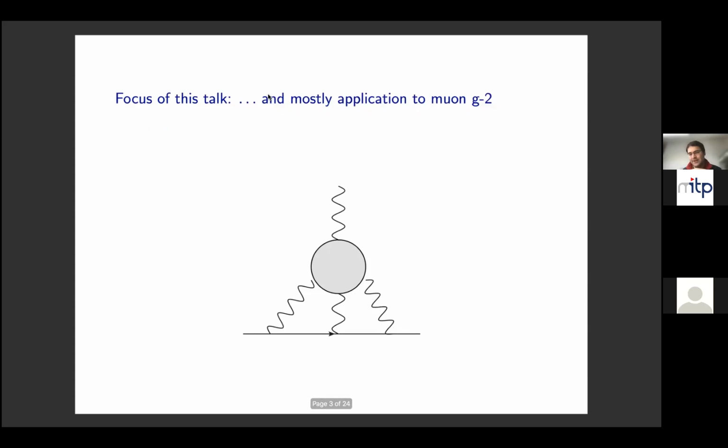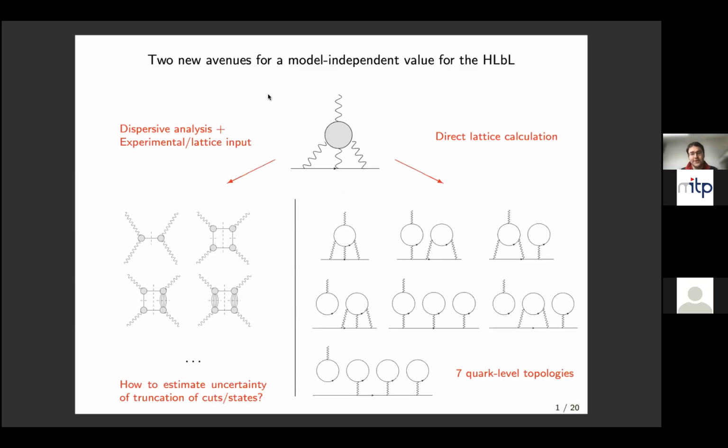But mostly I'll really talk about this hadronic blob of the two-photon scattering and the role it plays for the muon G-2. Now, again, Achim started with the Glasgow consensus and then gave you a quick view of what happened after this.